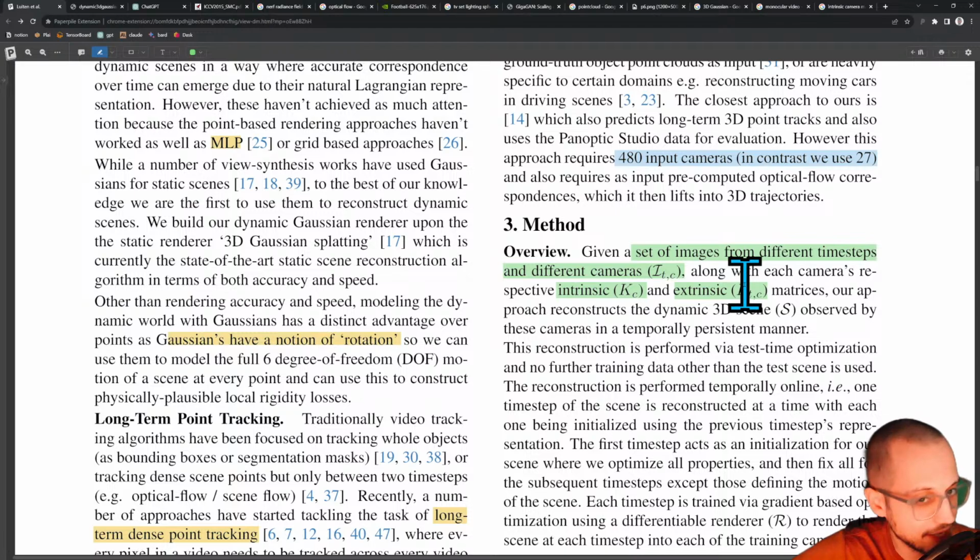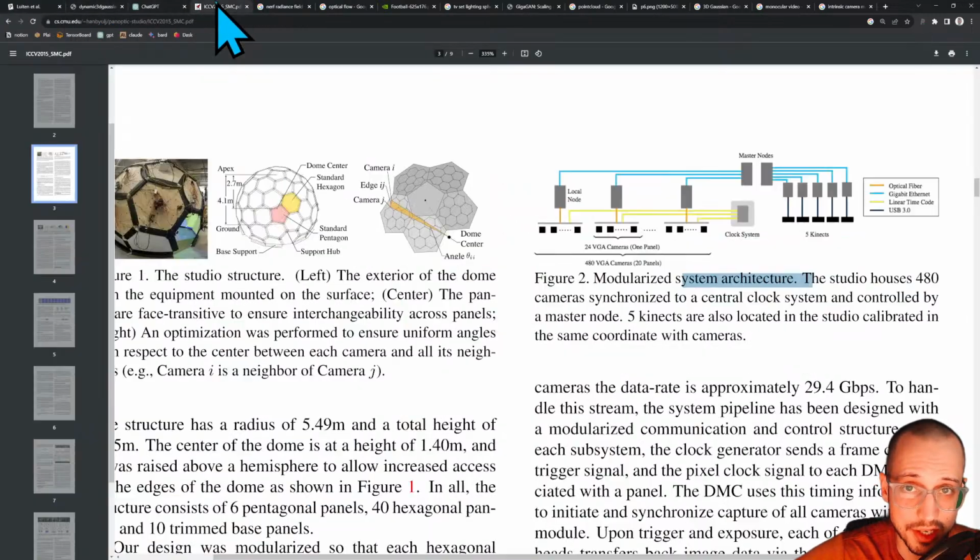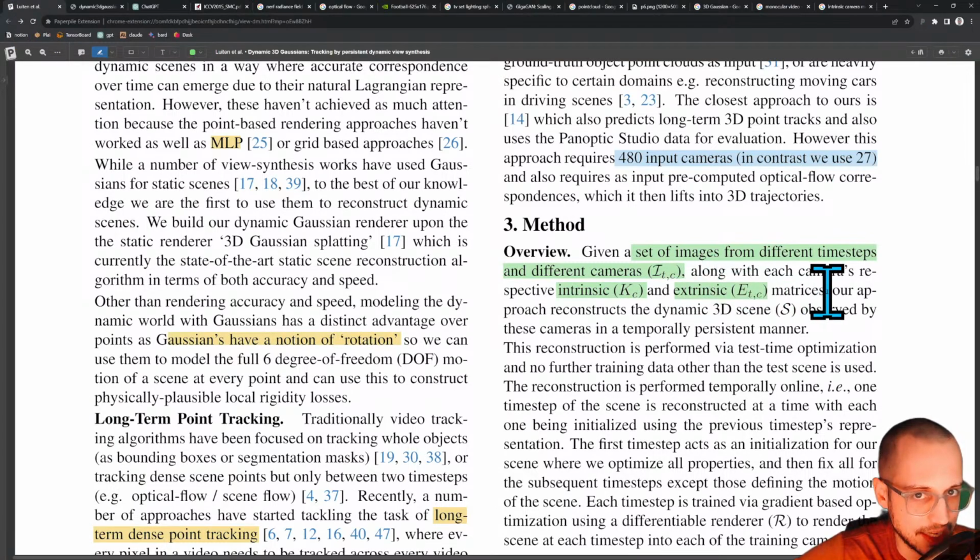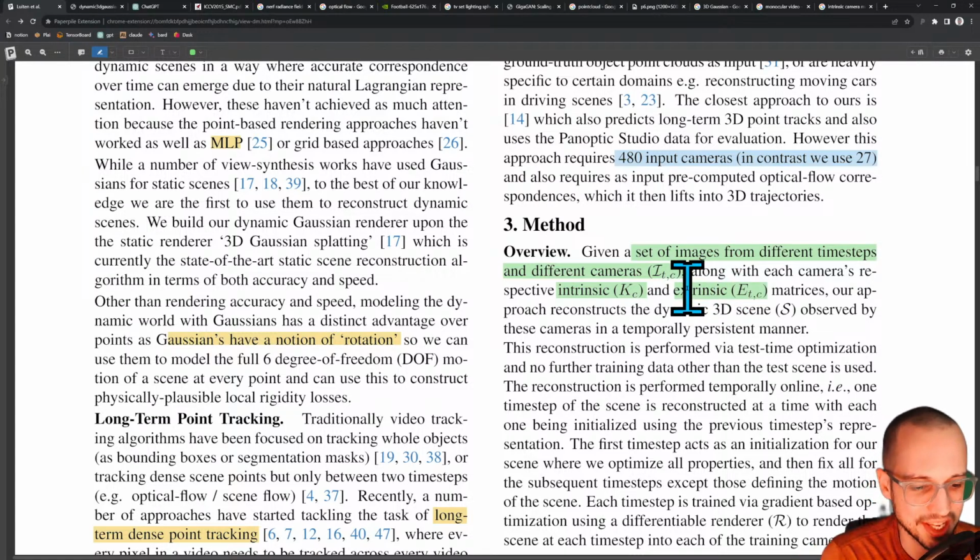I can approximate it with something like COLMAP, or some other stitching approach, but I'm certainly not going to know it to the accuracy that you would have with one of these domes. So the fact that they have the extrinsic camera matrix for every single one of these cameras is a pretty strong starting point. I think it's very difficult to replicate in the real world.